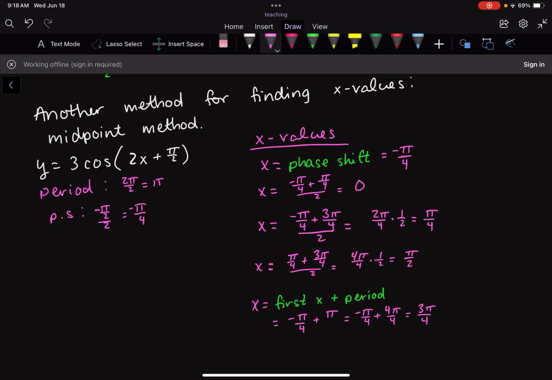I like this method. I actually do think it's a little bit simpler on maybe the actual arithmetic, in my opinion. But yeah, and we will use it a little bit for tangent. So it's not going to completely go away or anything. So it is something for sure to take a look at.